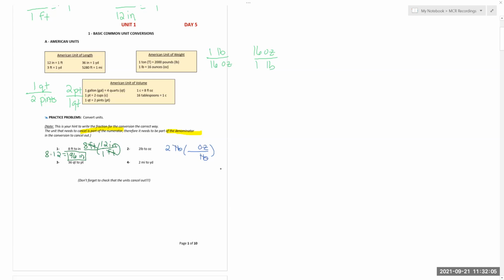And I like to do the units first, and then I'll look at what the conversion is. Now I need to look for an ounce to pound. 16 ounces are in 1 pound right here. So that's going to give me 2 times 16, is 32 ounces for that one.